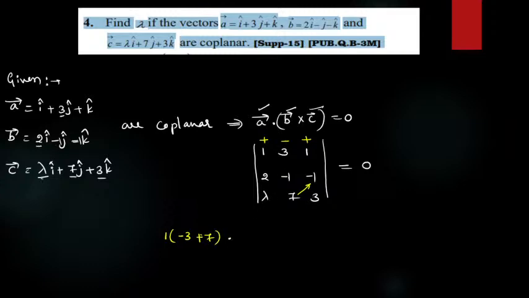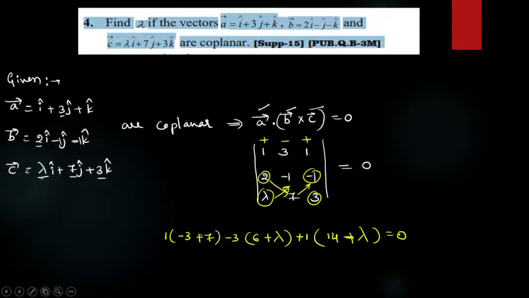Again minus of 3 into bracket: leave this column and this row, multiply 2 into 3, that will be 6, minus sign, lambda into minus 1 is minus lambda, minus of this minus will be plus lambda here. Okay, next is plus of 1 into bracket: leave the third column and first row, multiply this, 2 into 7 is 14, minus sign, lambda into minus 1 is again minus lambda, minus of this minus will be plus lambda, that is equal to what?